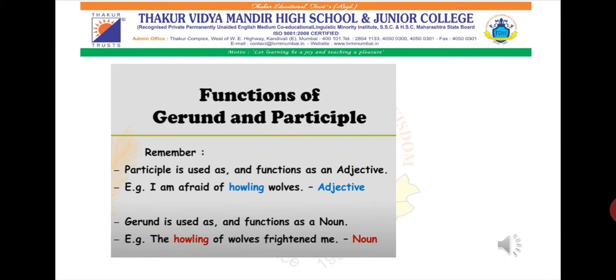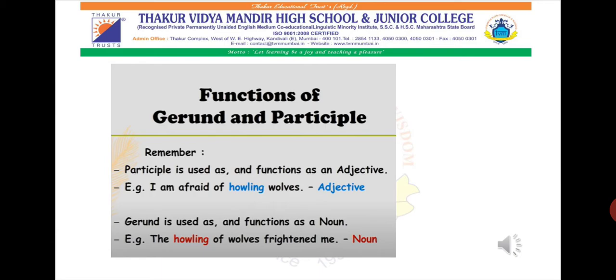Over here, howling means cry. Now it is telling us this particular sentence is an ongoing action. It is a continuous action. He is afraid of wolves, of howling wolves. So we see that an adjective is telling us more about the noun, wolves.